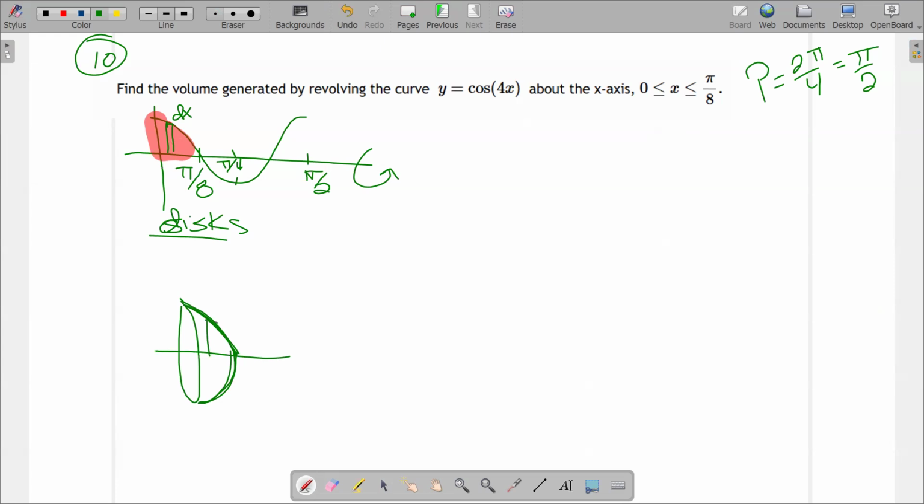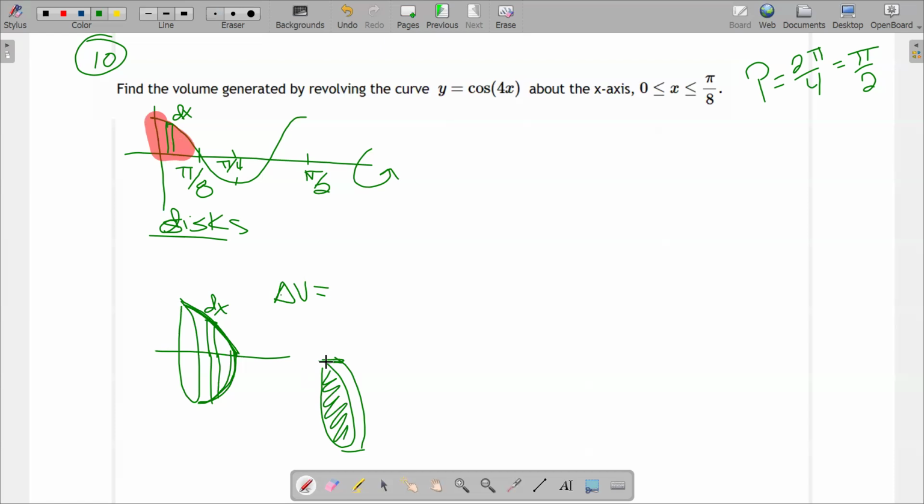And to get this rotational chunk of volume here, just a reminder, a little chunk of this volume is going to be a disk. So my little chunk of volume is going to be the area of this times the height of it there.